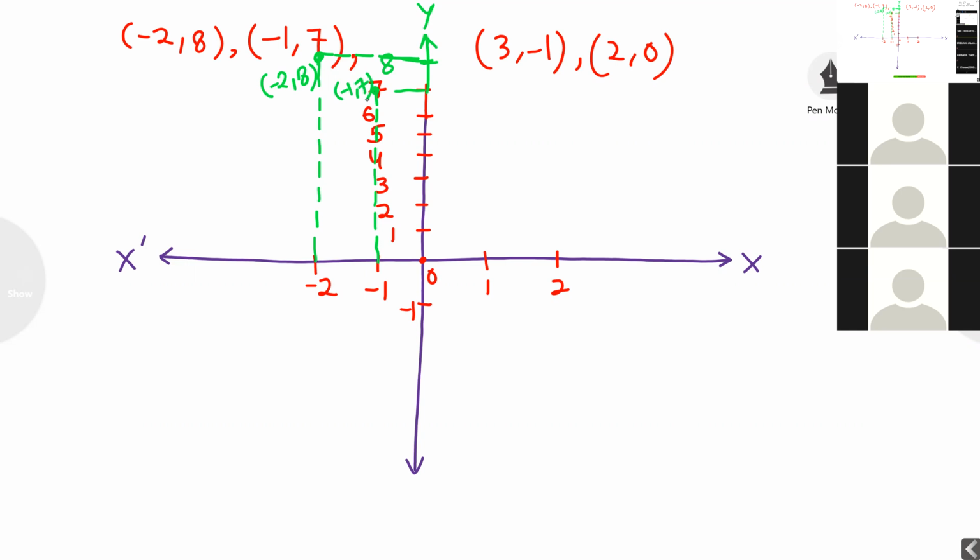Third point, x is 3, y is minus 1. The value of x is 3 and y is minus 1. 3 comma minus 1. Next, x is 2, y is 0. This point.